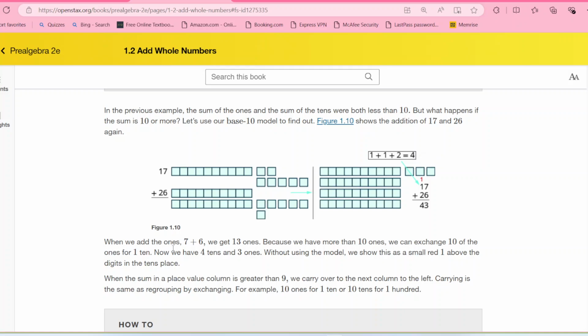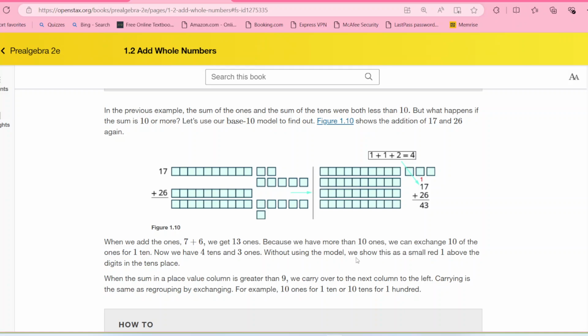So yeah, when we add the ones, 7 plus 6, we get 13 ones. Because we have more than 10 ones, we can exchange 10 of the ones for one 10, right? One of those tens rods. Now we have 4 tens and 3 ones.